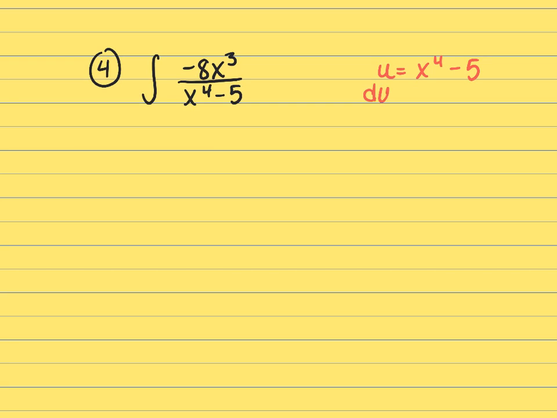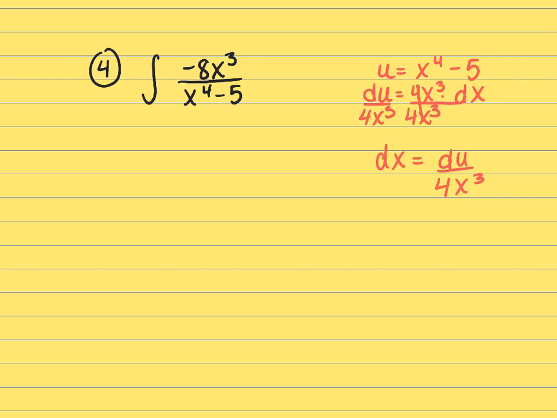Then I want to find du. So the derivative of u is 4x to the third dx. The derivative of 5 was just 0. And then solve for dx. So dx is du over 4x to the third.